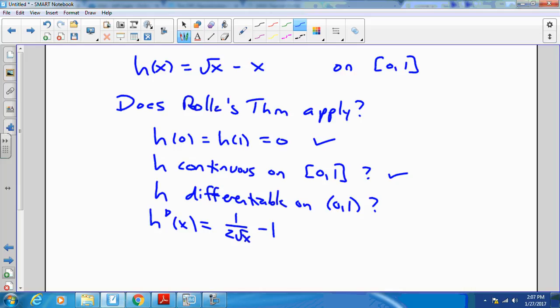Are there any values of x for which h prime does not exist? What's that, 1 over 4? No. Why would h prime of 1 over 4 not exist? Is there a problem with the square root of 1/4 that I don't know about?